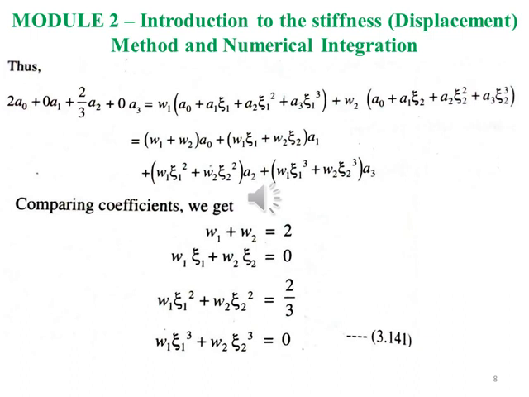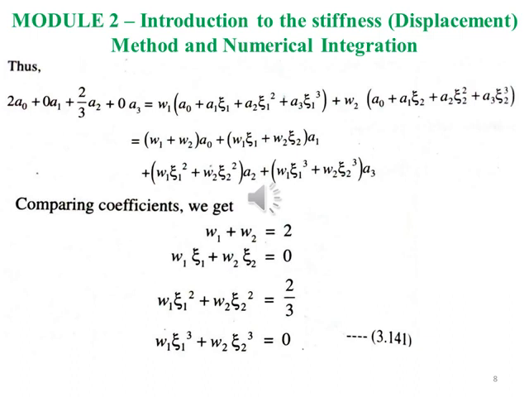z1 plus z2 should be equal to 0 or z1 should be equal to minus z2. z1 square plus z2 square should be equal to 2 by 3, or in other words z1 should be equal to 1 by root 3 and z2 should be equal to minus 1 by root 3. Hence we get all the values, that is w1 is equal to 1, w2 is equal to 1, z1 is equal to 1 by root 3, z2 is equal to minus 1 by root 3.